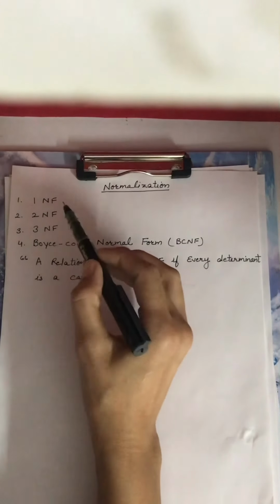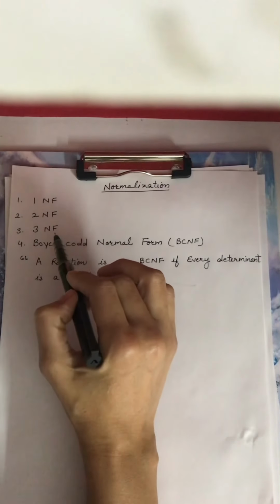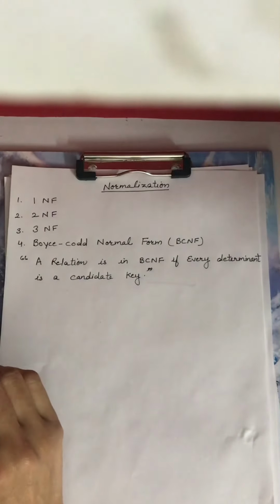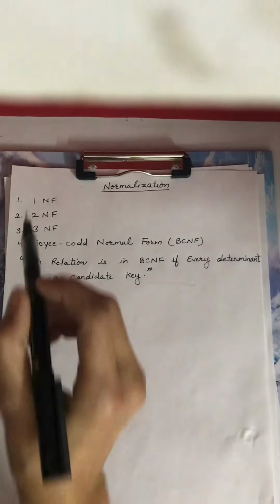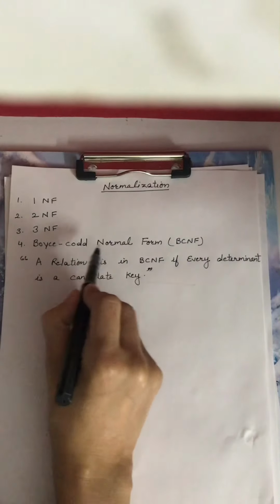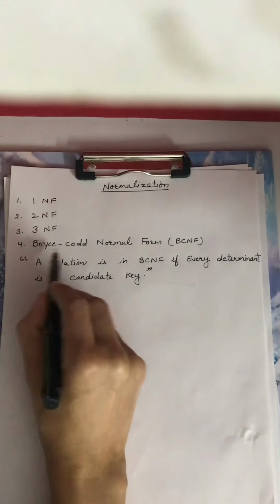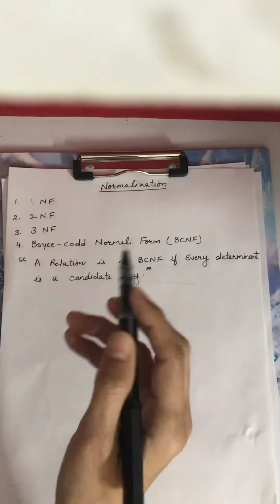In spite of being in first, second and third normal form, a relation can have anomalies. So today we will discuss Boyce-Codd normal form.